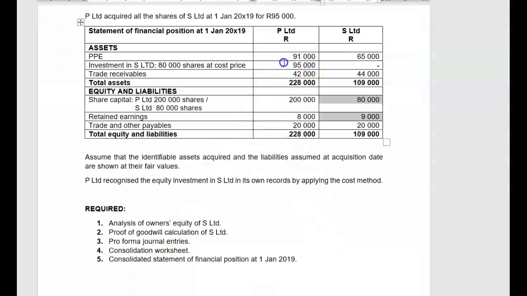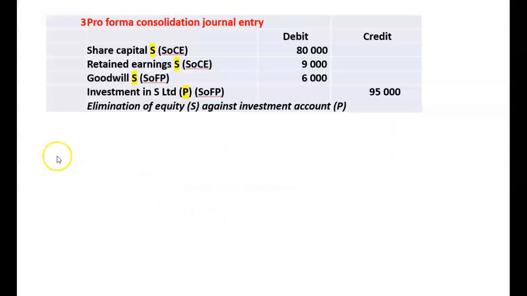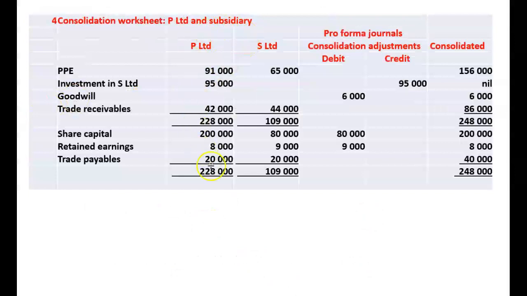Consolidation worksheet. Here we're first going to copy the statement of financial position of the two companies as is. Then we're going to pass the pro forma journals, and then we're going to have the final consolidated amounts. So the first step is just to copy those two financial statements as they gave it to you. And now we're going to pass our pro forma journal.